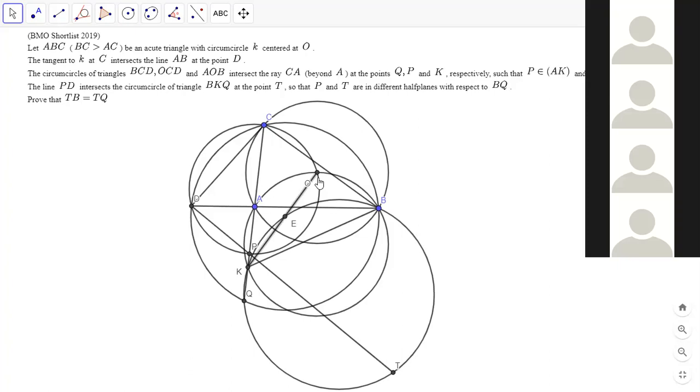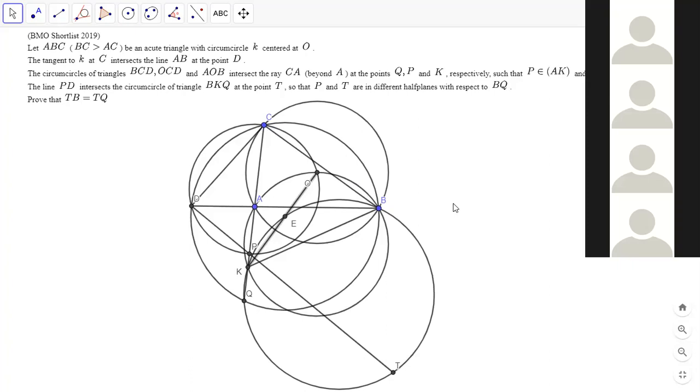So angle KBC is equal to angle KBO plus angle OBC, and KBO is equal to OAC, which is OCA, and OBC is OCB.